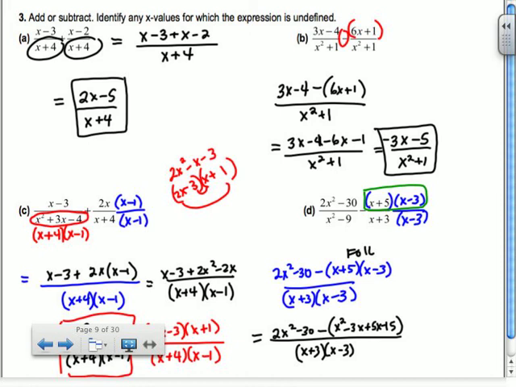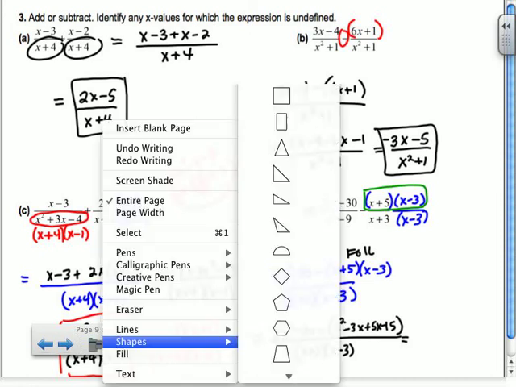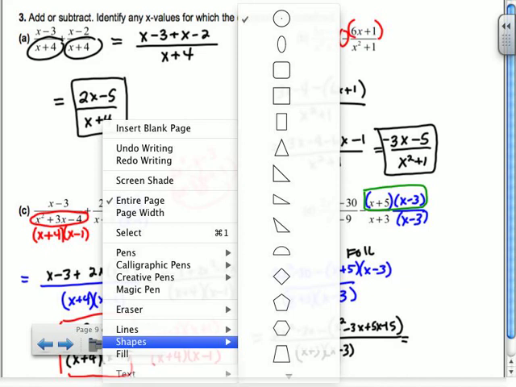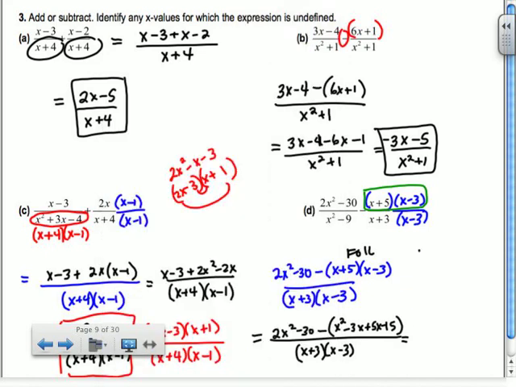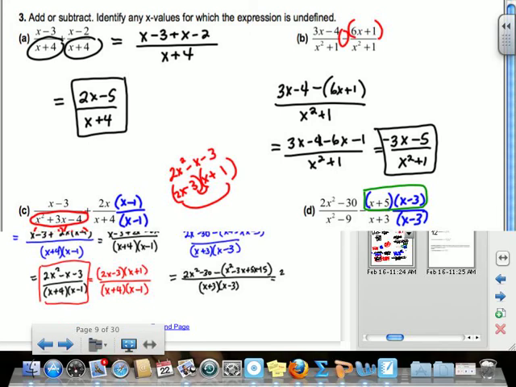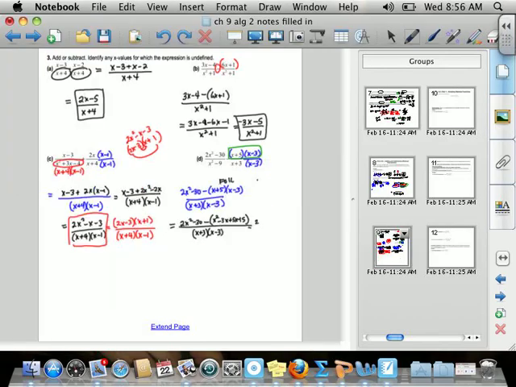You get 2x squared minus 30, and then distribute your negative. So 2x squared minus 30 minus x squared plus 3x minus 5x plus 15. So I just changed the signs on all of them. Can you guys see that? And x plus 3 times x minus 3.